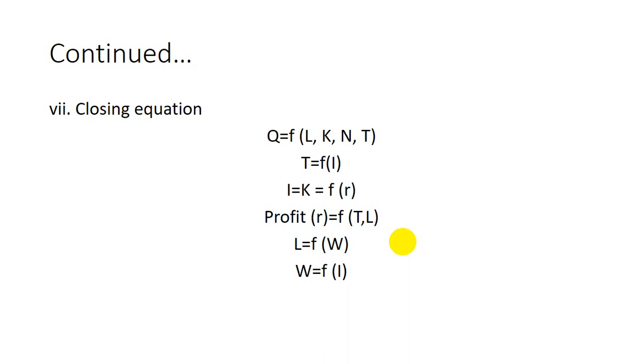In the second proposition we have technology as a function of investment, and in the third we have investment equal to capital, and capital is a function of investment, and then profit is a function of technology and labor force, and labor force is a function of wage fund, and wage fund is a function of investment, and in the end quantity is equal to the profit and wage fund.